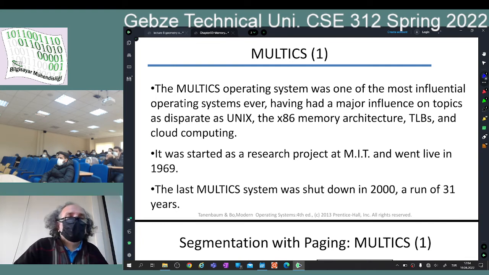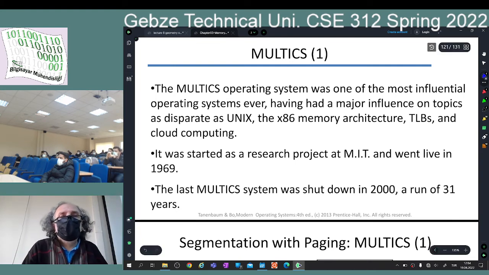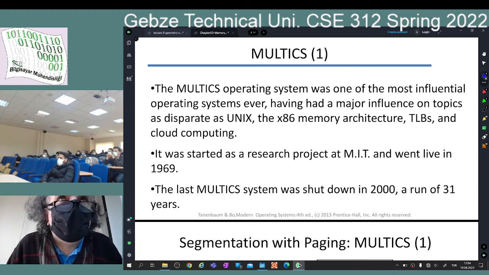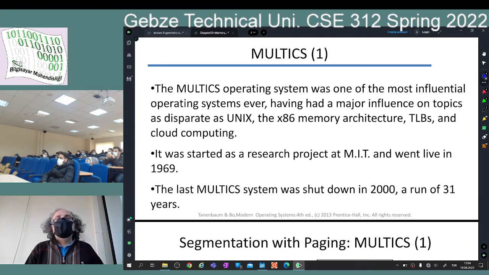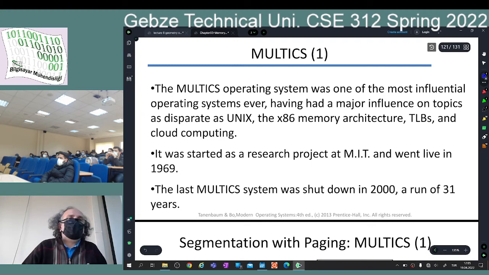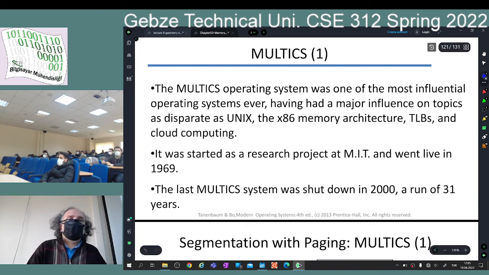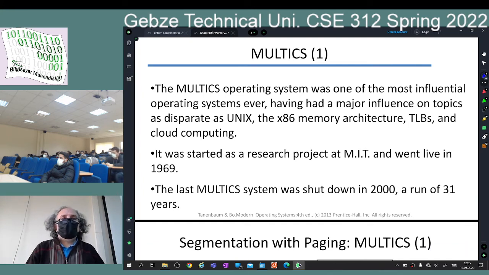So they had to invent lots of stuff, especially when they developed MULTICS. Actually, they developed its computer along with MULTICS too. So it influenced, for example, Unix, which is a derivation of MULTICS, a simplified version of it. And the architecture of Intel platforms is influenced by the MULTICS structure. TLBs and cloud computing were all invented by MULTICS.